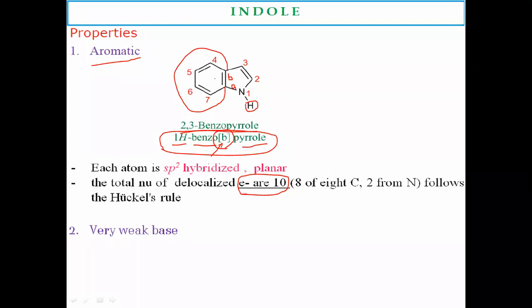Which ones? 2 from this double bond, 2 from this double bond, 2 from this double bond, 2 from this double bond. Means total 8 pi electrons from carbon-carbon double bonds and 2 pi electrons from the nitrogen atom.